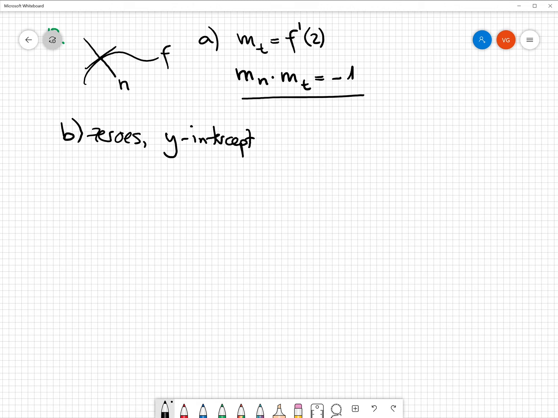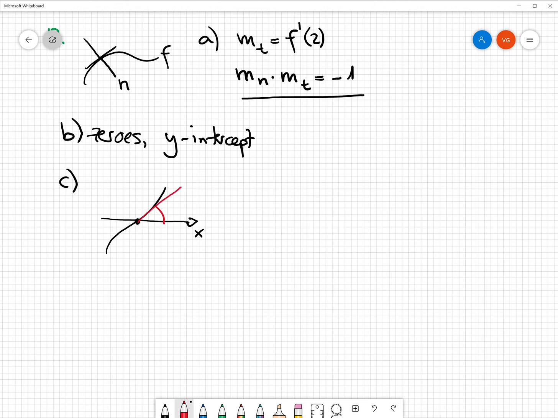In C, you have to compute the angle at which the graph intersects with the x-axis. So in B, you found this zero, this intersection with the x-axis, and we seek this angle here.